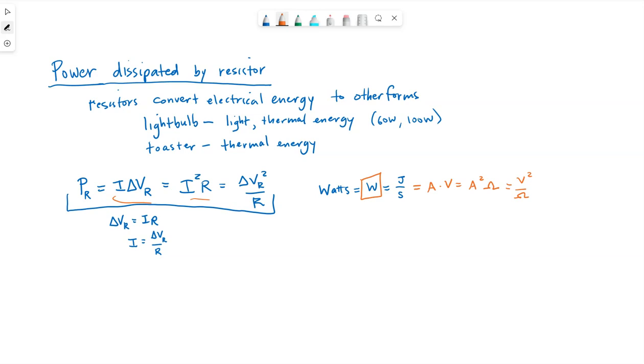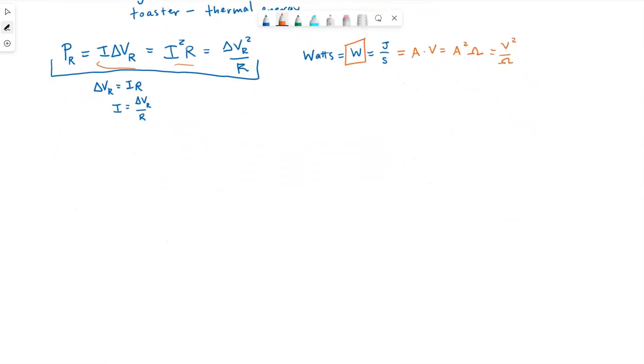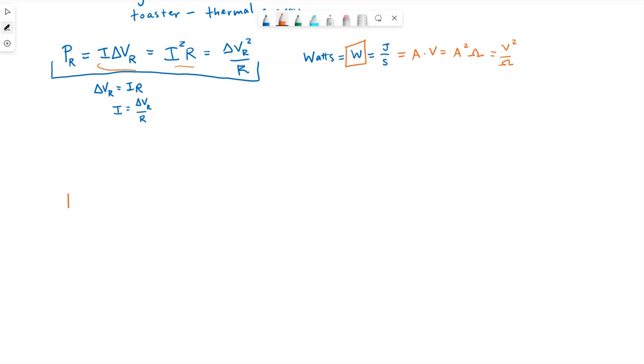We can find this power fairly easily if we have a battery, for example, and we connect this battery to a couple of resistors. I'm going to just make these 6 ohm resistors. Now, in terms of how these resistors are connected, as soon as there is a closed complete circuit, current will flow.